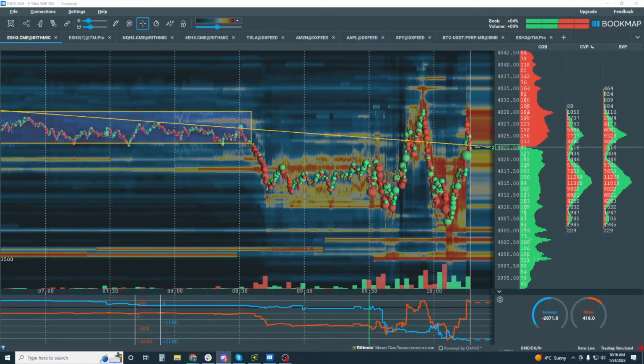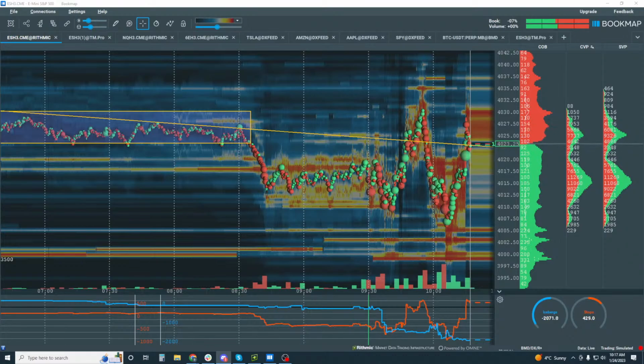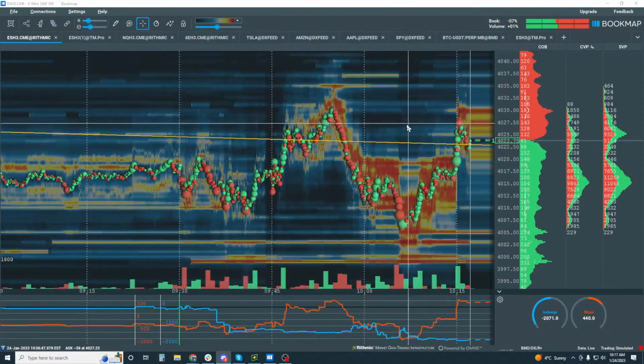Let's see in Discord, is it a good confirmation for local bottoming or topping when there's sell stop runs? It's all about the context. So yes, it can be. We covered this one yesterday in detail, like seeing stops above a range, but that's just the beginning part of it.